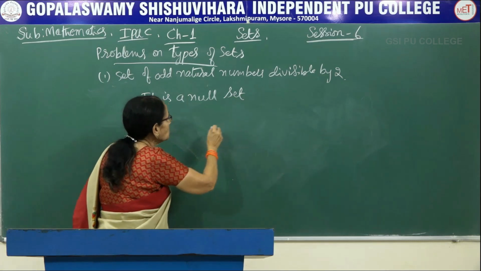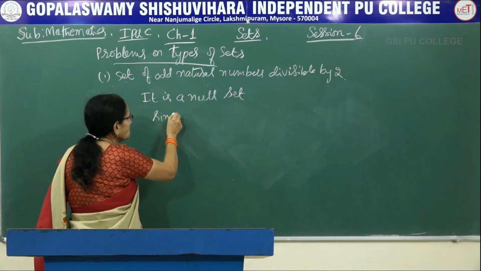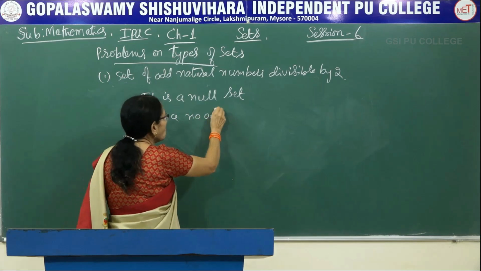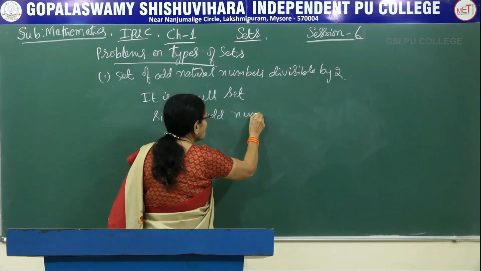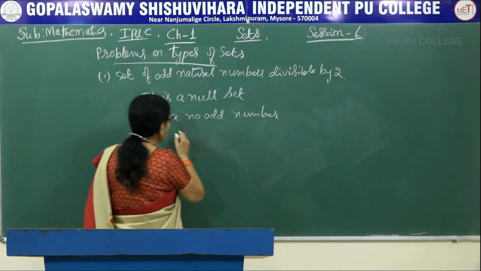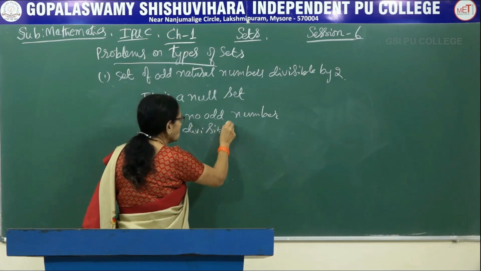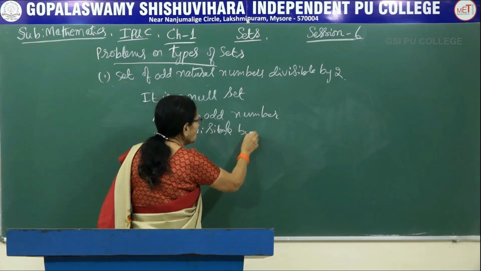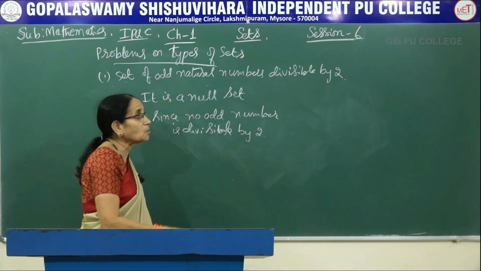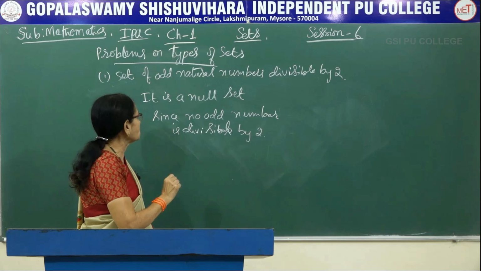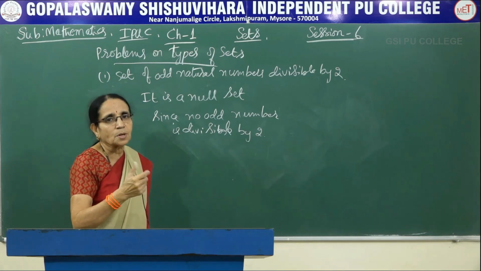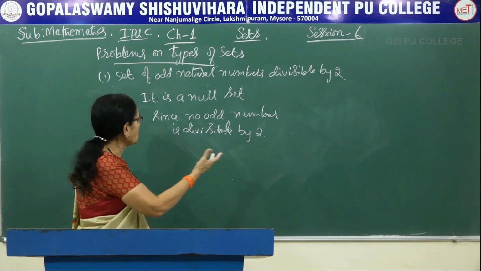Now what is the reason you have to give here? Since no odd number is divisible by 2. Okay, you have to give the reason here. So it is a null set. Why it is a null set? Suppose they ask you to justify your statement.